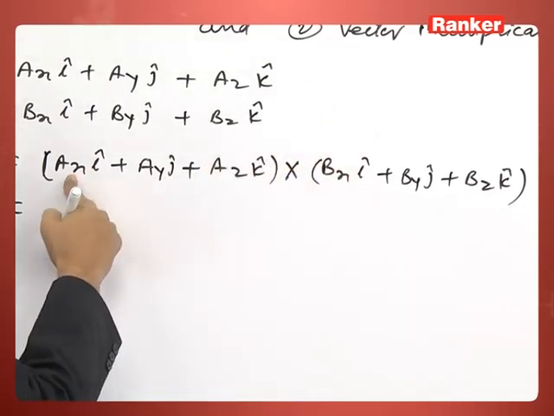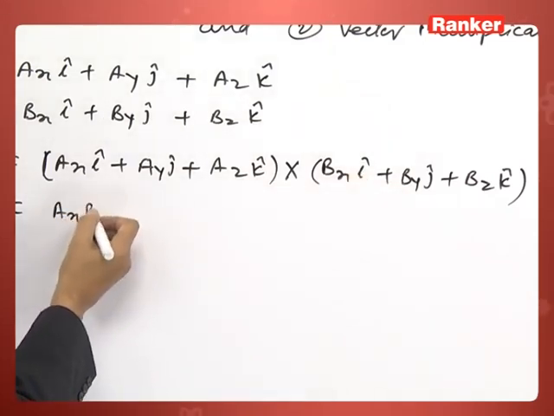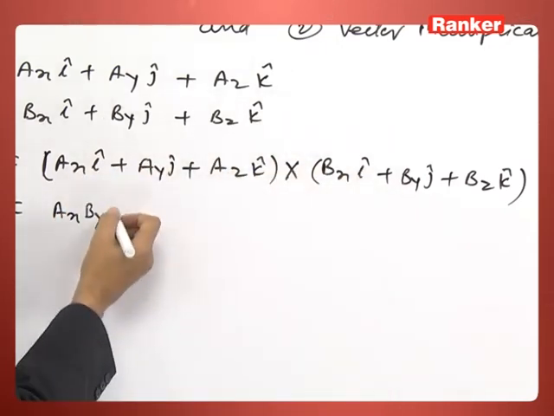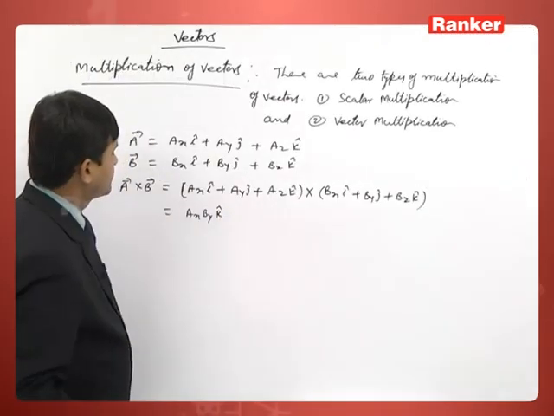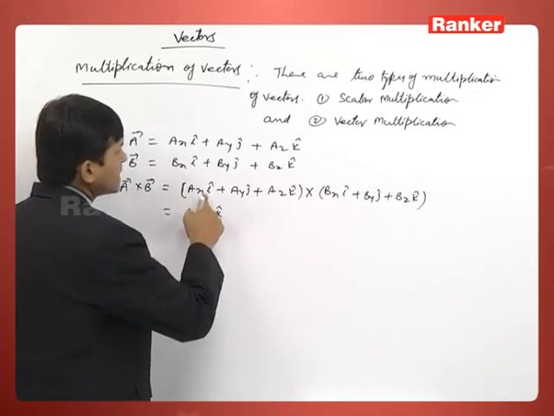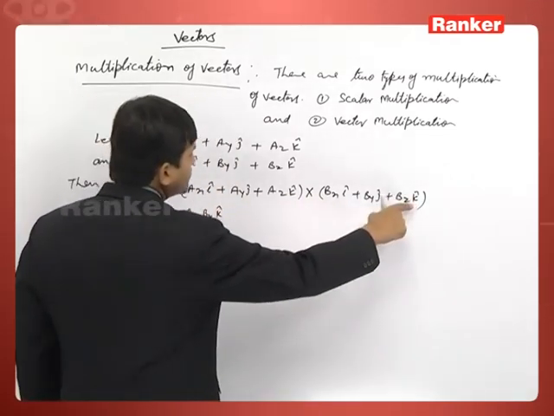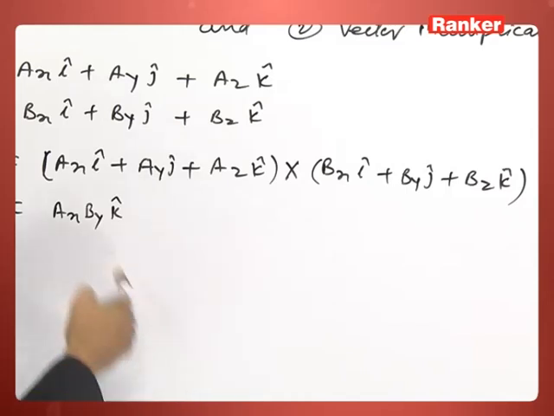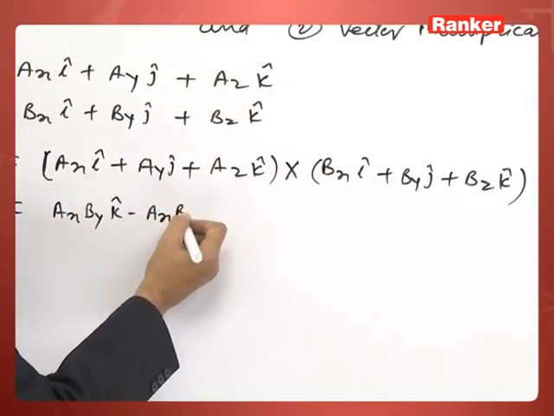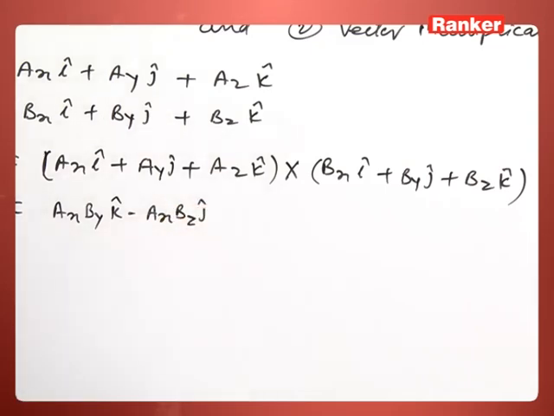So what is left now from here? Ax by, and i cross j will be your k cap. Similarly, ax i with bz k, so i cross k is minus j, so minus ax bz j cap.